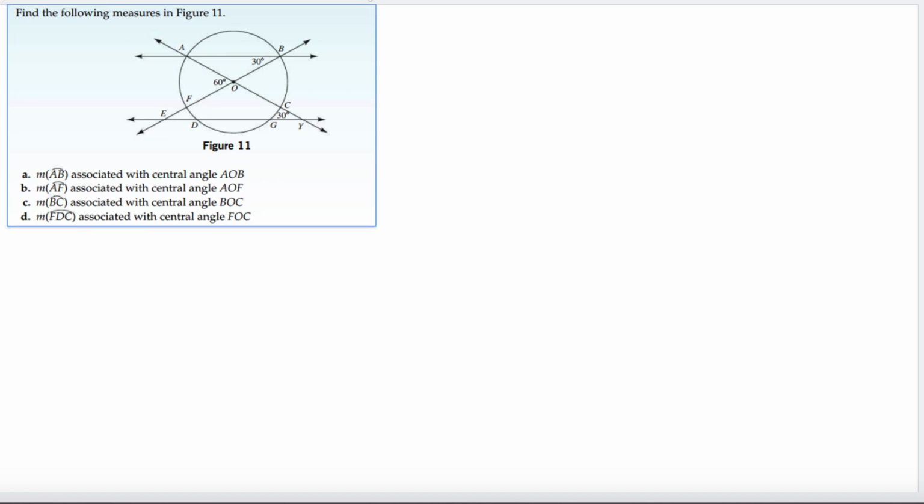Okay, so let's do this together. Pause the video and solve this by yourself first, okay, before I solve this for you. Okay, so find the following measure here. Measure of arc AB. Whenever you see M in front of any angle or any arc, you call that measure of, okay?